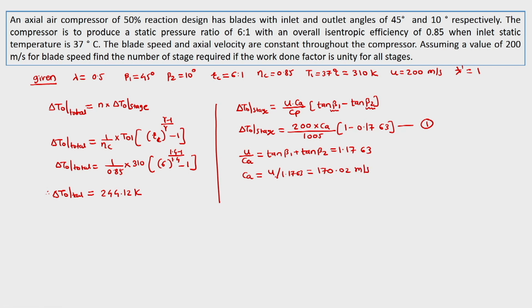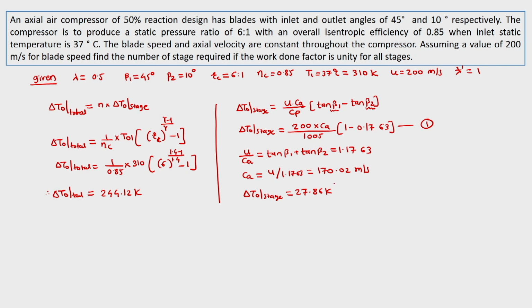Now we can put this Ca in equation number 1 and we get delta T naught stage as 27.86 Kelvin. This temperature rise in the stage is required for the calculation of the total number of stages.